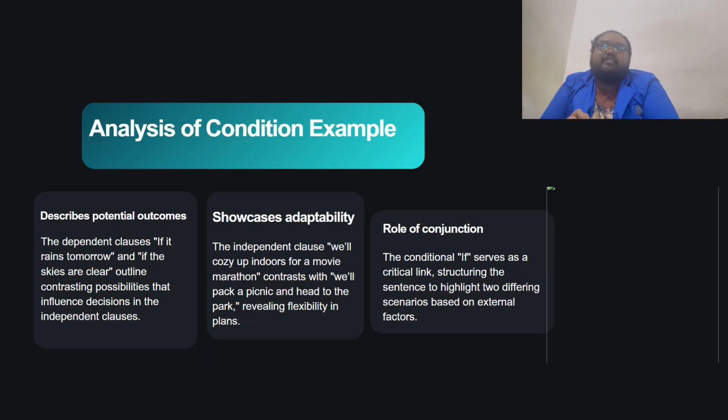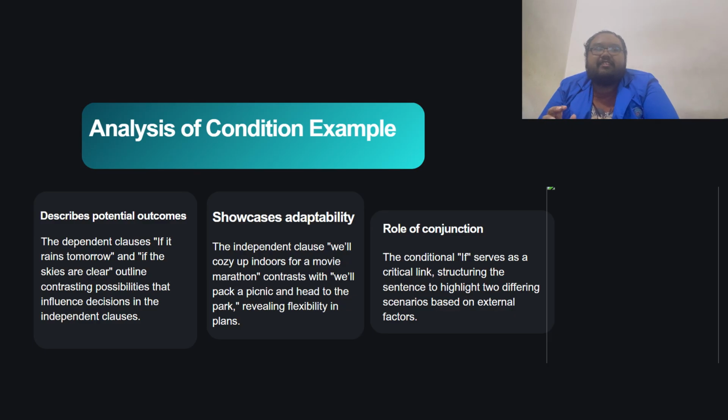Okay, analysis of the condition example describes potential outcomes. The dependent clause: if it rains tomorrow and if the sky is clear. It outlines a construct contrasting possibilities that influence the decision in the independent clause and showcase adaptability.